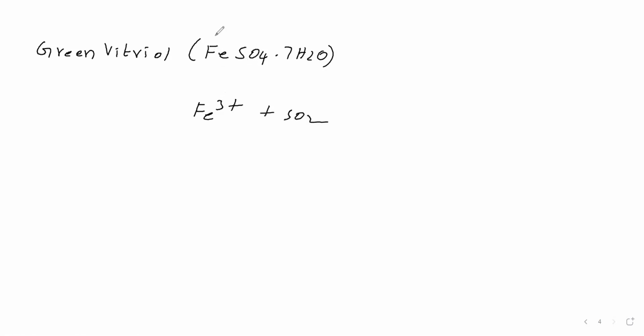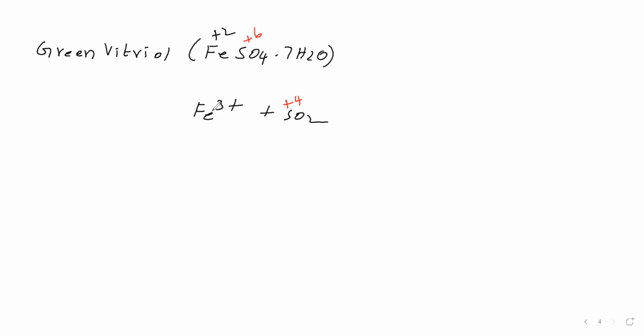That means ferrous Fe2+ undergoes oxidation and becomes ferric. Sulfate, sulfur +6, undergoes reduction and becomes sulfur dioxide, sulfur +4. Therefore, on strong heating, water molecules escape away, ferrous becomes ferric, and sulfate becomes sulfur dioxide.